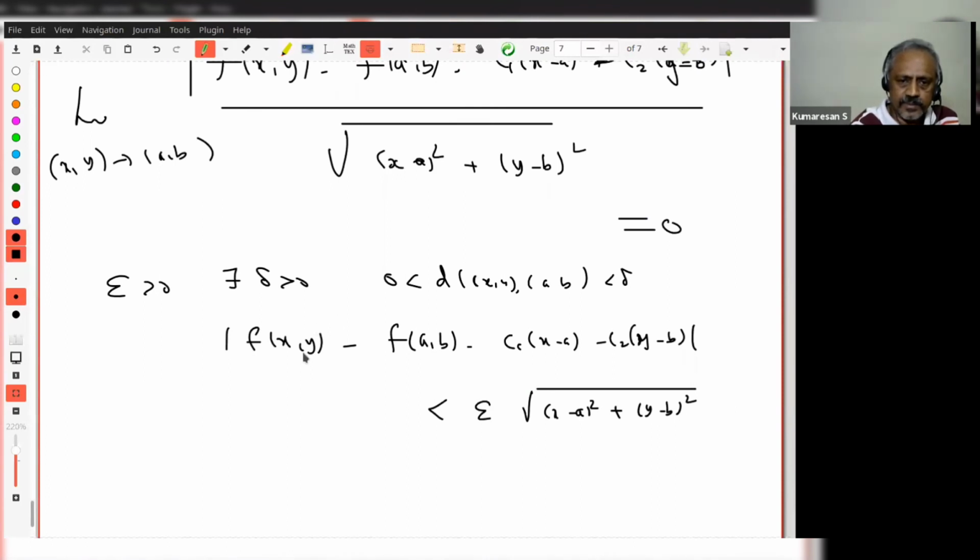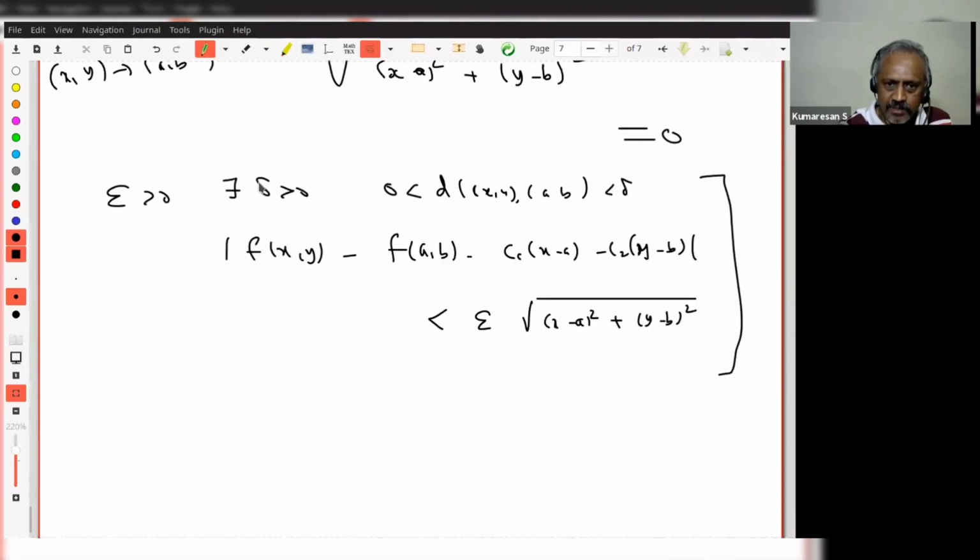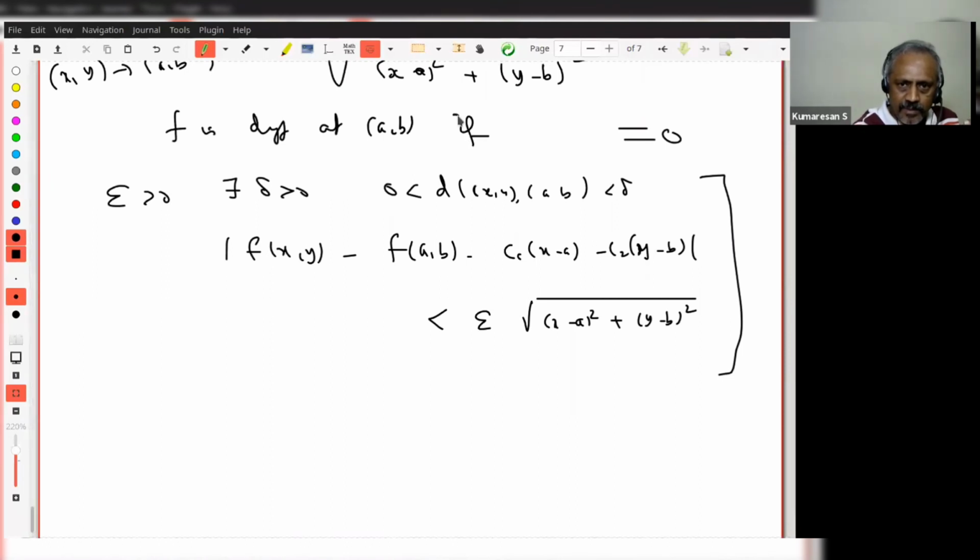If I can find this, then f is differentiable at (a, b). What is unknown? If f is differentiable at (a, b), what I want is the first degree polynomial. For the first degree polynomial, the constant term is known to me. Therefore, what are unknown?